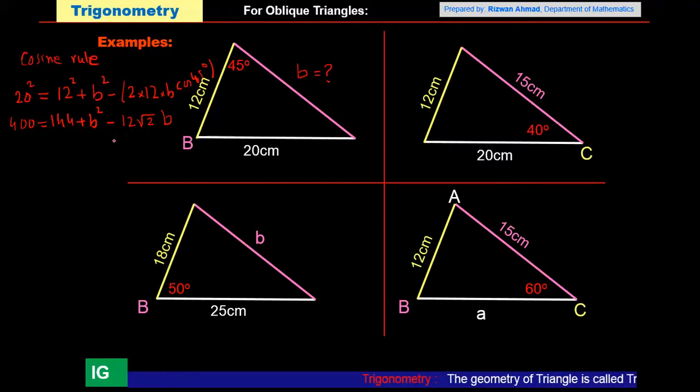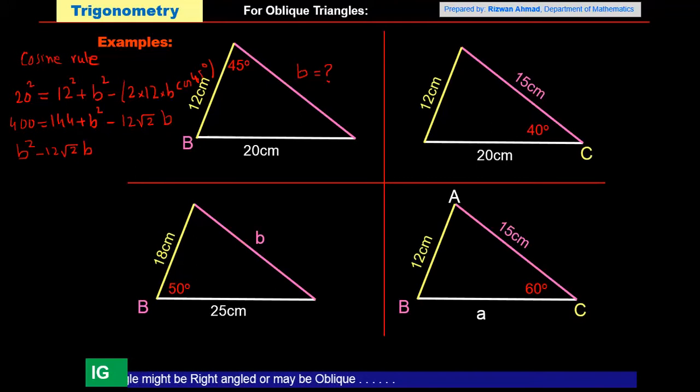Now after rearranging this, if we bring this 400 to the right-hand side and flip the equation, then it will become B square minus 12 root 2 B plus 144 minus 400, that will be minus 256, is equal to 0.